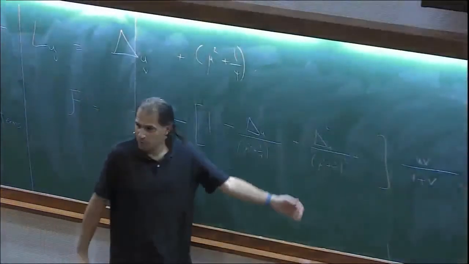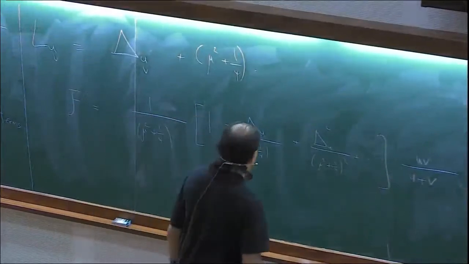That's the formal answer, giving me a power series in 1 over mu squared. So this is the effective field theory expansion.